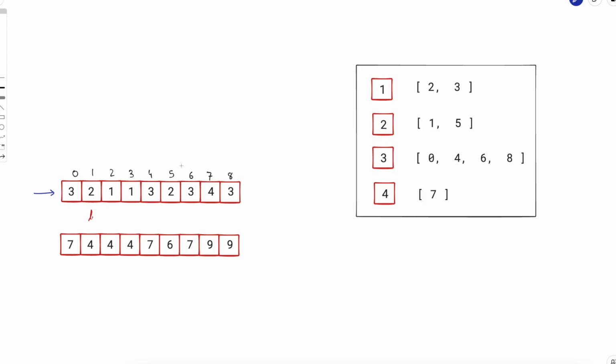So 1 is at positions 2 and 3, right? Similarly 2 is at positions 1 and 5, and so on and so forth. You maintain this mapping, and you will take help from this mapping to figure out the number of elements in the range L to R with value X, right?